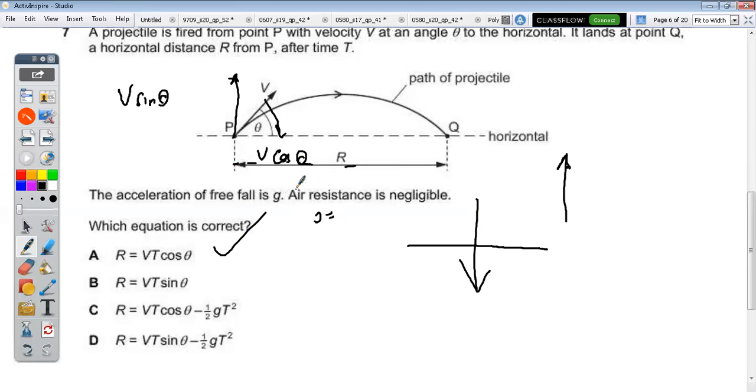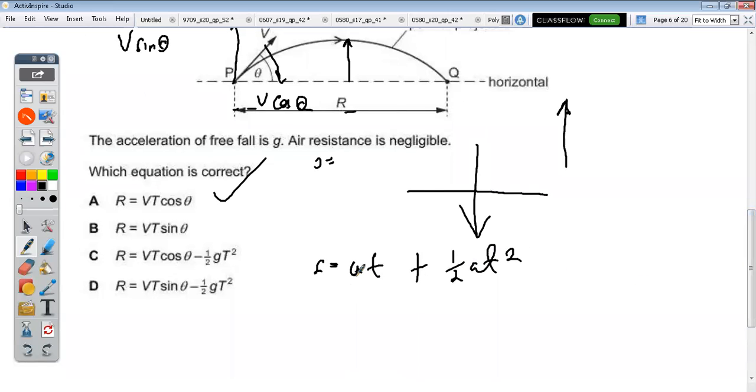Makes sense? If they now said calculate the maximum distance this can reach altogether, the maximum distance, that's now where you are using what? S is equal to ut plus half at squared. Clear? Where this is my initial velocity.